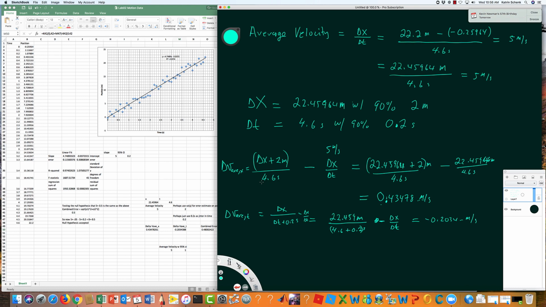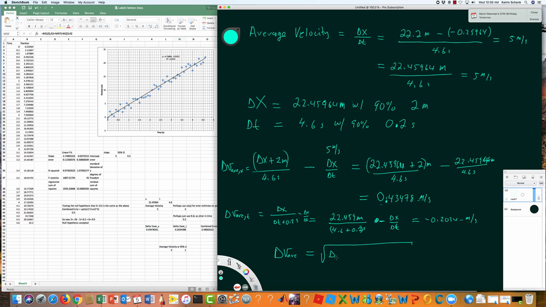And to combine these two errors together, you do them in quadrature. That's what it's called. So the change in the velocity due to these two errors, you add in quadrature. That means the square root of this error squared plus this error squared.